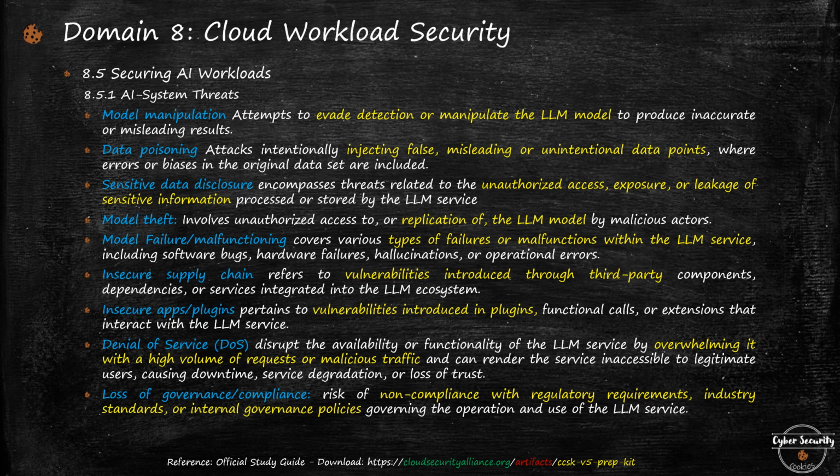Again, denial of service, an overwhelming response with a high volume. Mostly it is intentional, where you create traffic which looks legit, but the purpose is to reduce efficiency or degrade the service, which can lead to loss of trust.